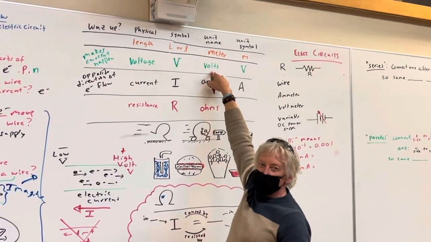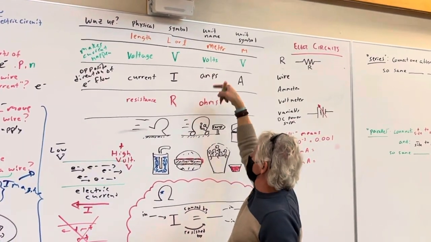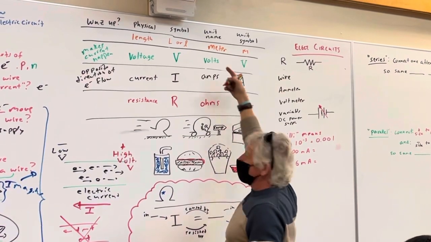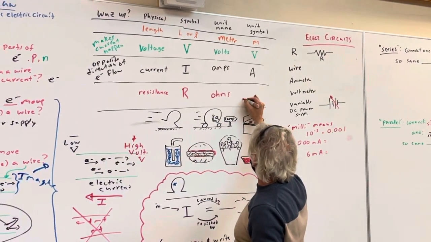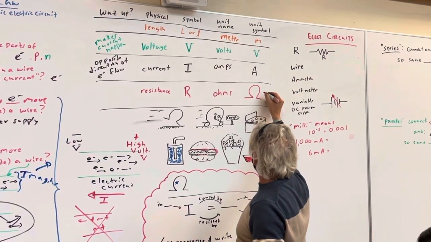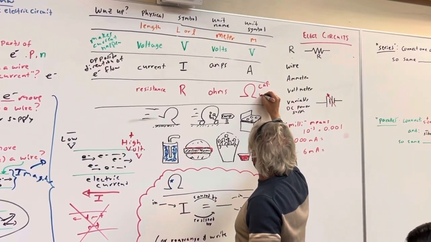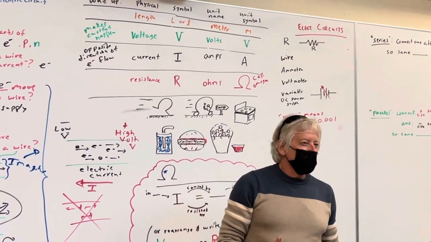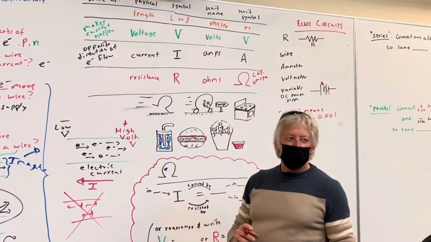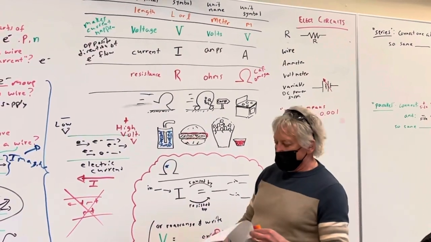These are names of people: Volta, Ampere, Ohm. Well, the meter's not the name of a person. And we use a Greek letter, a capital omega. It's kind of funny looking, but there you have it.